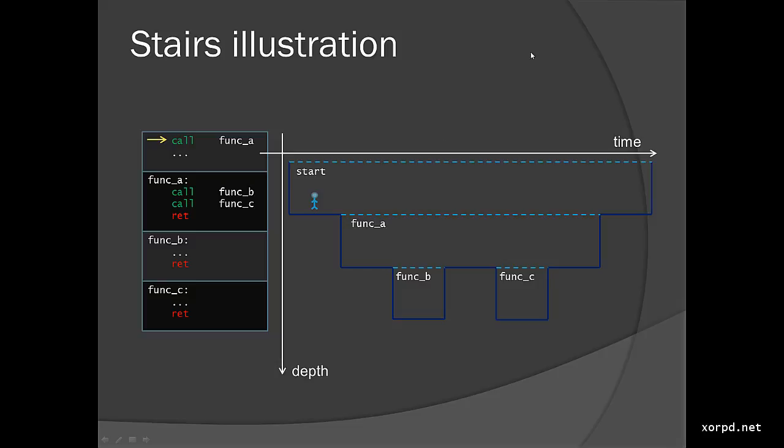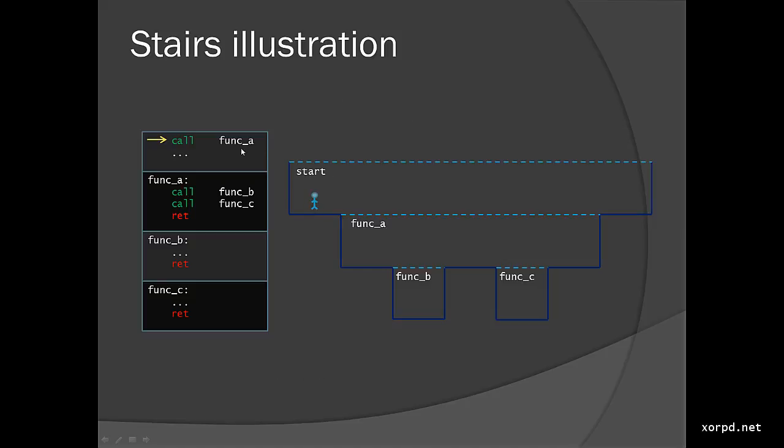Let's try to follow the code and see what happens. Our current location inside the code is going to be represented by this person. Maybe you can think about this person as yourself, if it helps you. So we are going to follow the execution of the code and see what happens to this person.